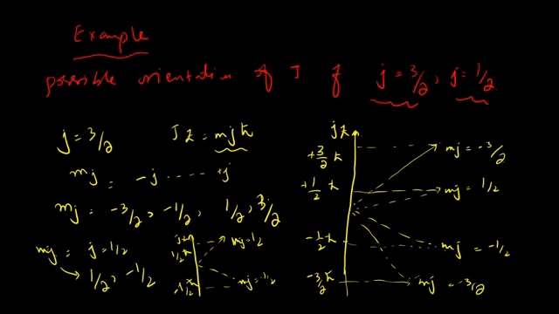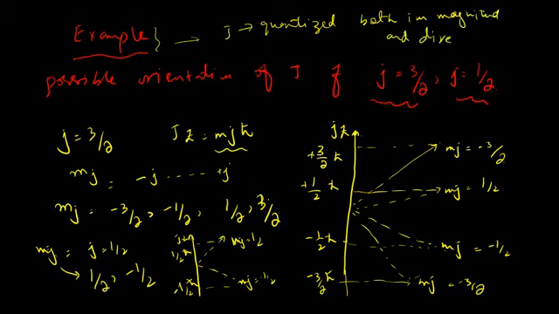So this was all about the total angular momentum vector, which is the combination of spin angular momentum and orbital angular momentum. We have seen that the total angular momentum vector J is quantized both in magnitude and direction.